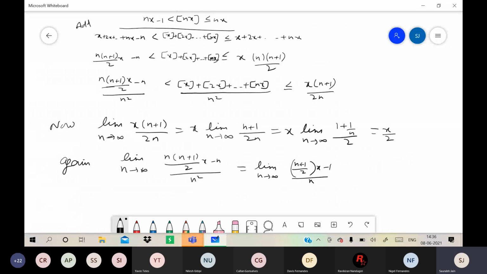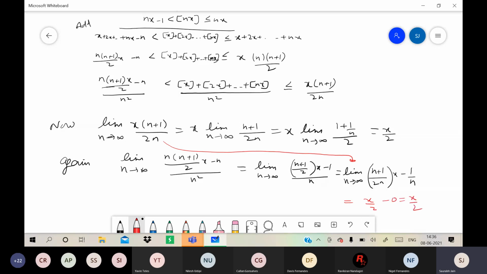This first part is the same as the previous question, so this answer will be x by 2. And what about the next one? 1 by n, 1 upon infinity will be 0. So the answer is x by 2.